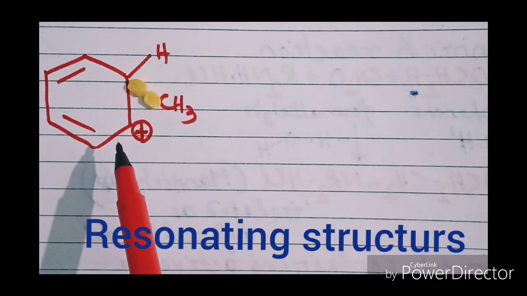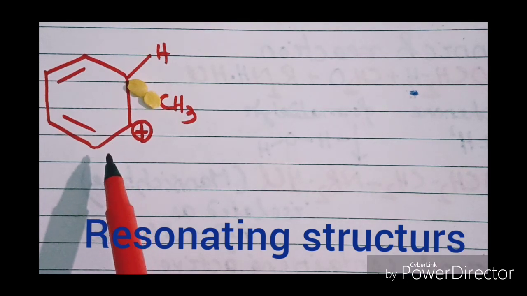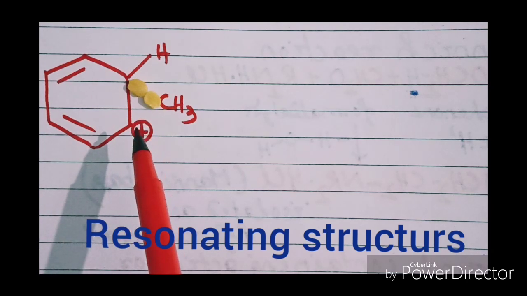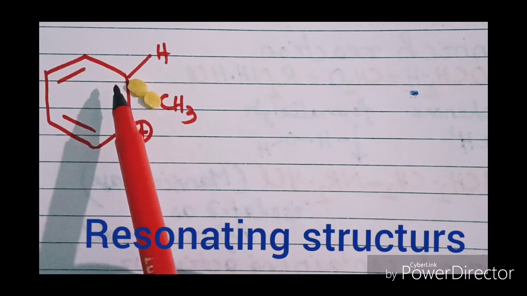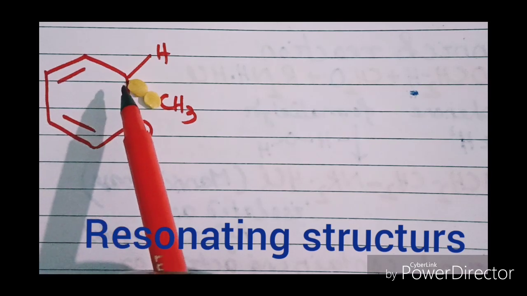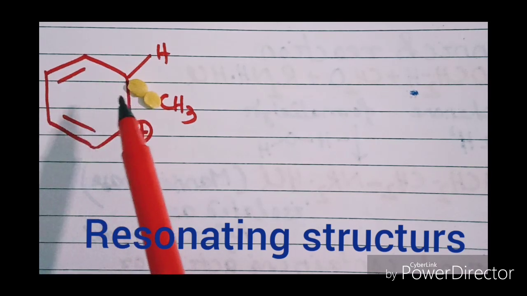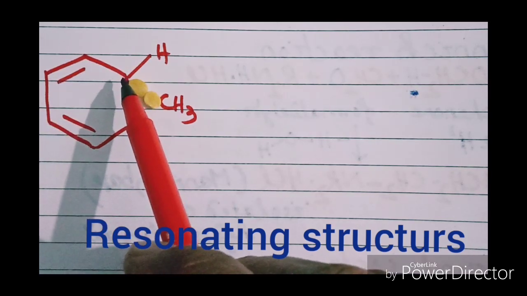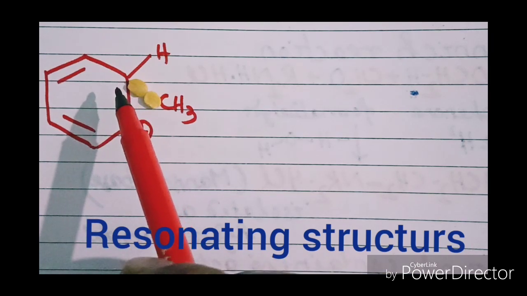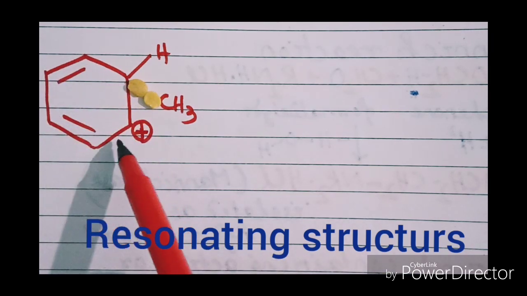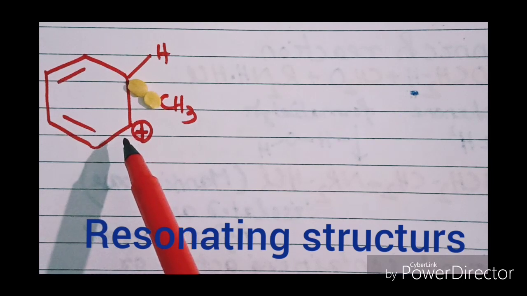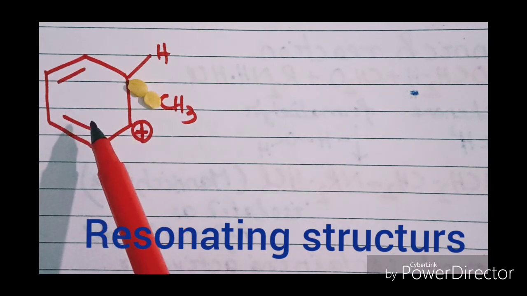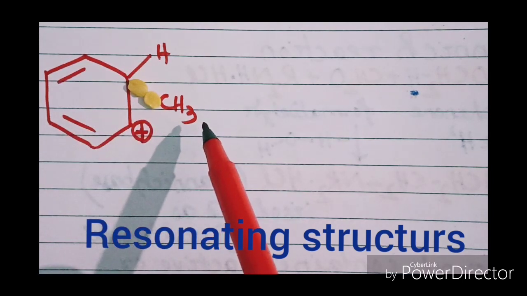Let us draw different resonating structures of this carbocation so formed. This carbocation has lost its aromatic character because this carbon is sp3 hybridized and the rest 5 carbon atoms are sp2 hybridized, but its other resonating structures can be drawn.